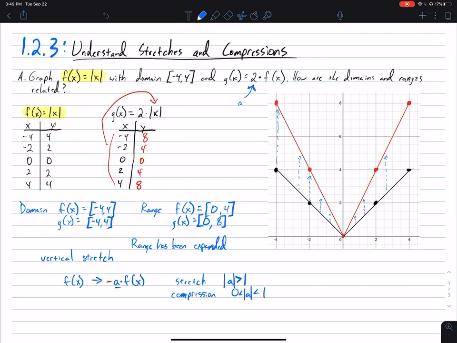Something like 1/2 or 1/3 or 3/8. So this is your key information right here. Make sure you remember this, note that down. This specific problem had a vertical stretch.